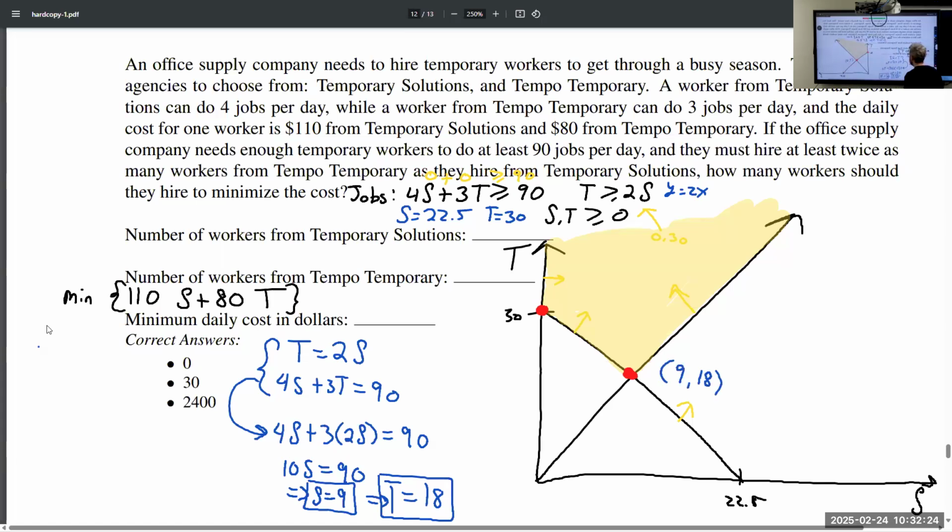The other point is at (0, 30). So we need to test those two corner points and see which one gives us the minimum cost.